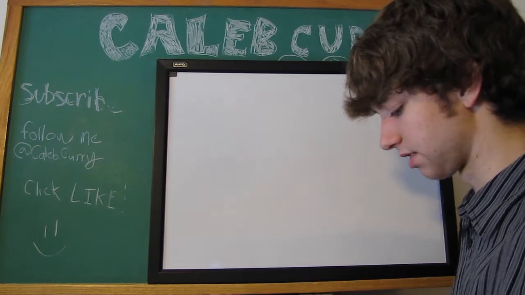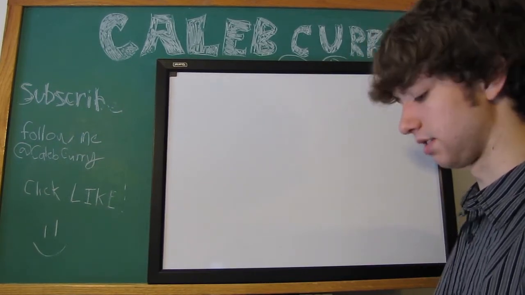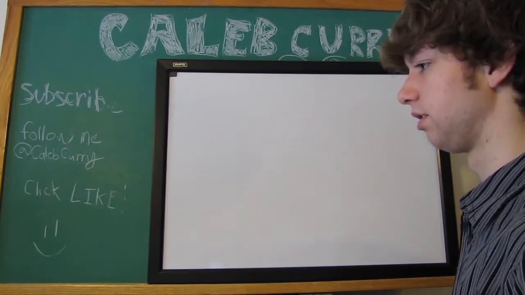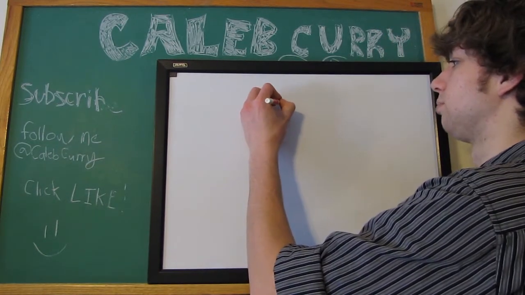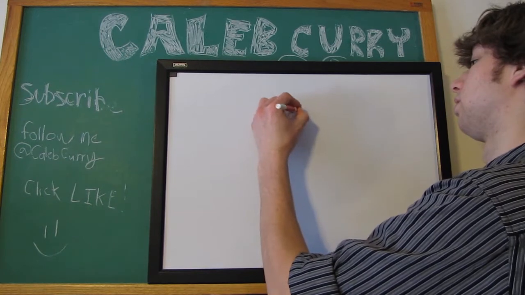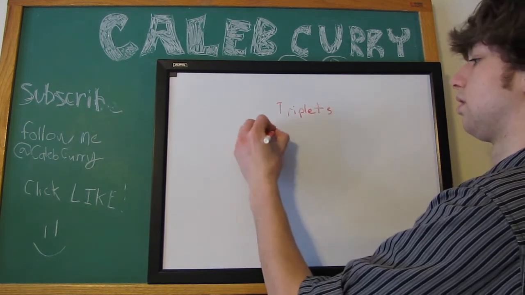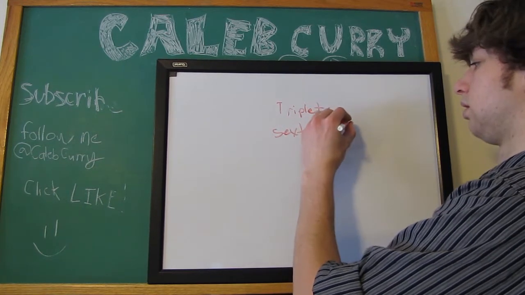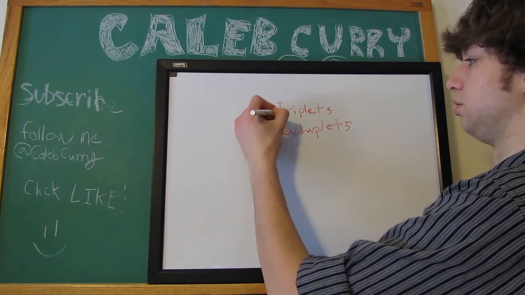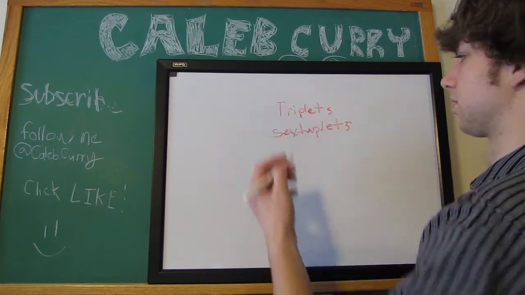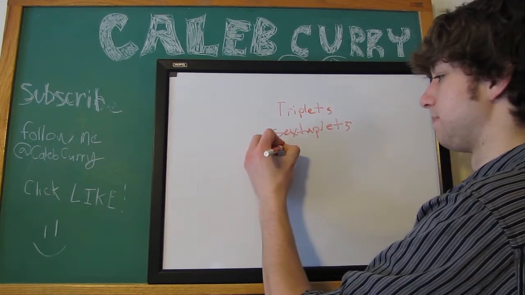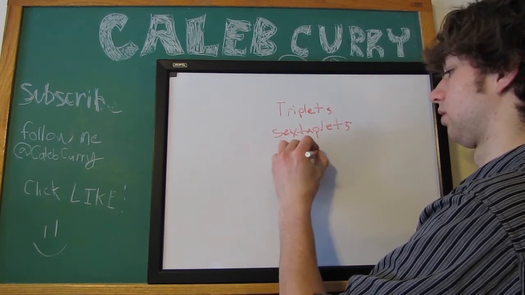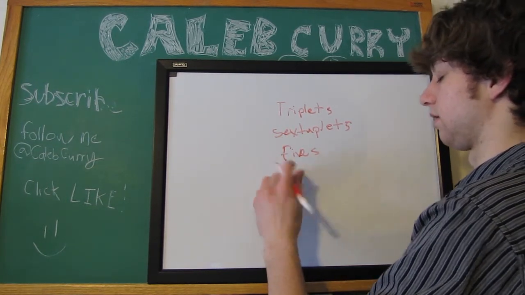The most common ones are triplets, sextuplets, which are similar to 16th note triplets, and then fives, 9s, and so forth.